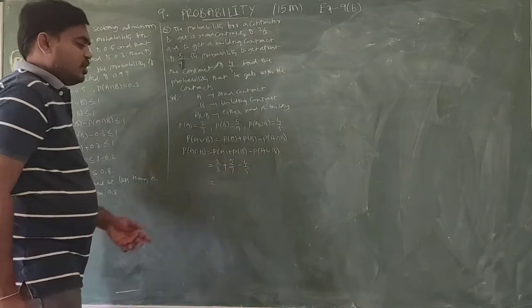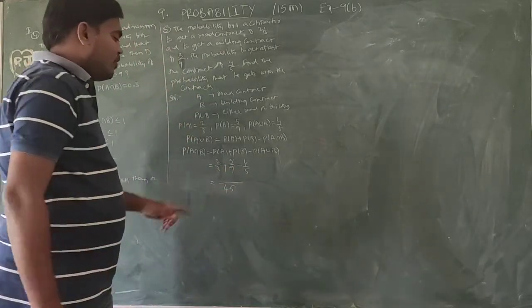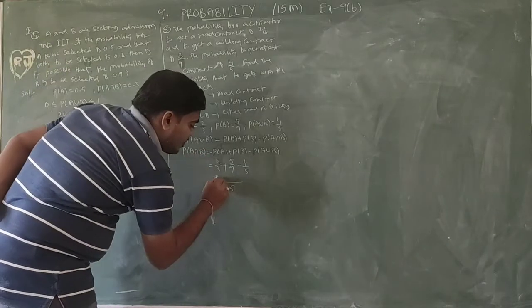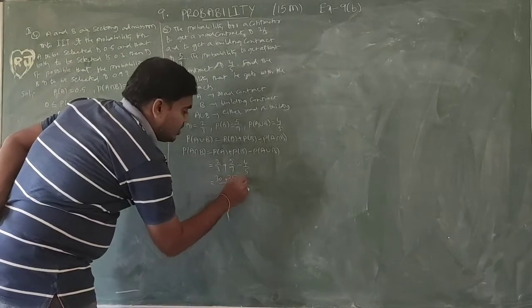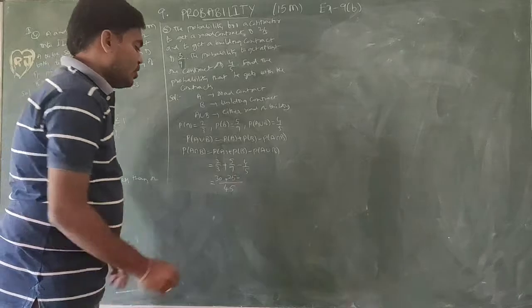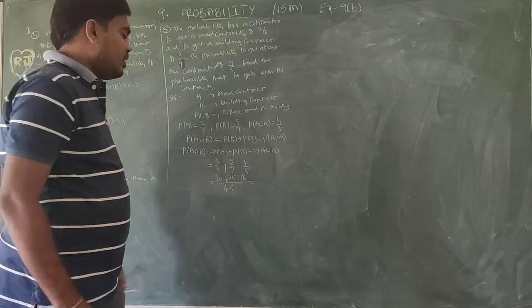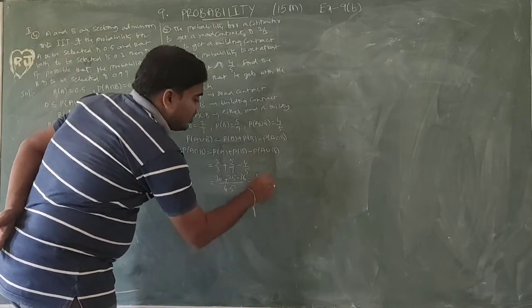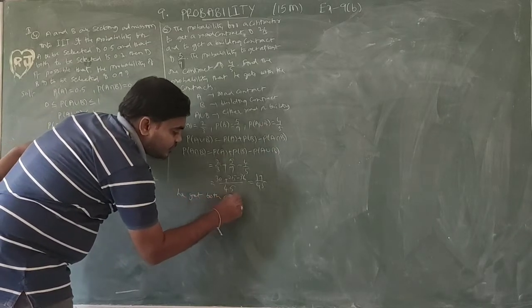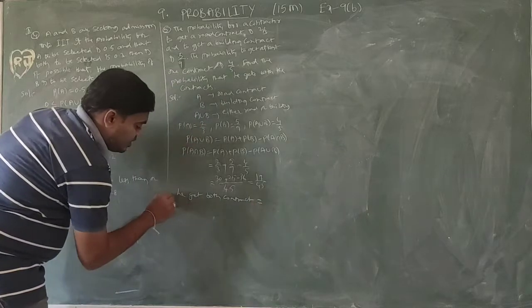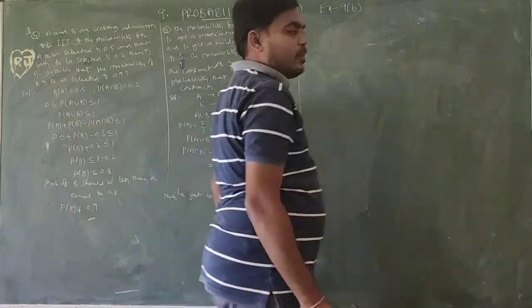Taking LCM of 3, 9, 5, which is 45. 45 by 3 is 15, into 2 is 30, plus 45 by 9 is 5, into 5 is 25, minus 45 by 5 is 9, into 4 is 36. So 30 plus 25 is 55, minus 36, so 19 by 45. So the probability that he gets both contracts is 19 by 45.